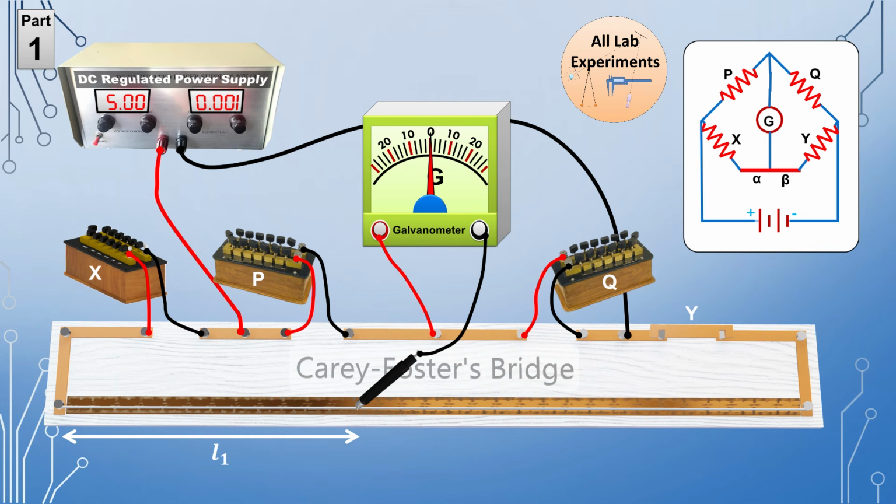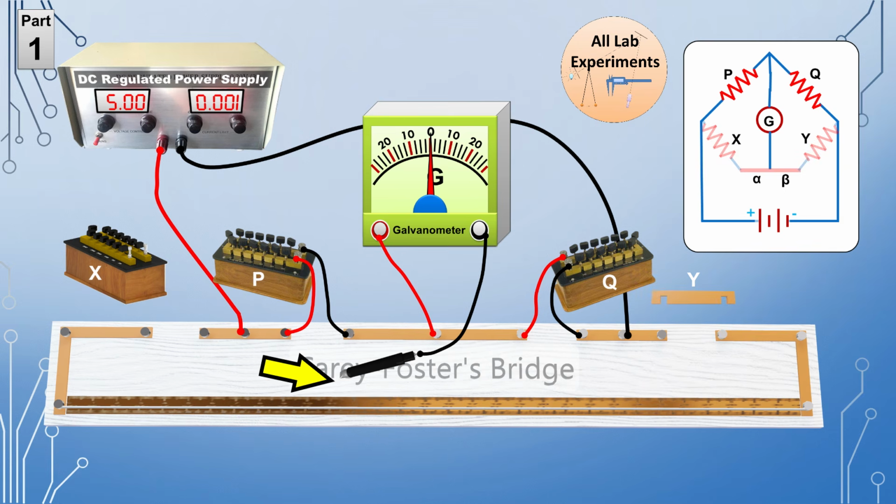Now we will measure the length of this wire from the left end and call it L1. After that we will break the connection of the jockey with the bridge wire, and will also take out the X fractional resistance box and Y copper strip.